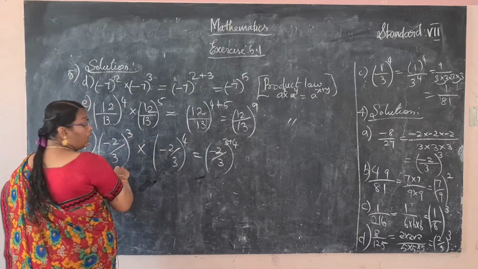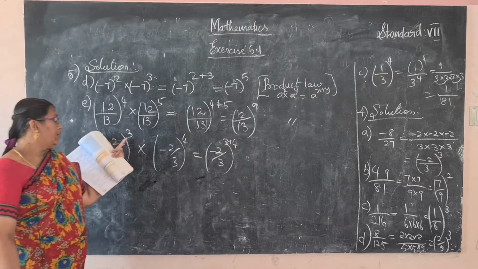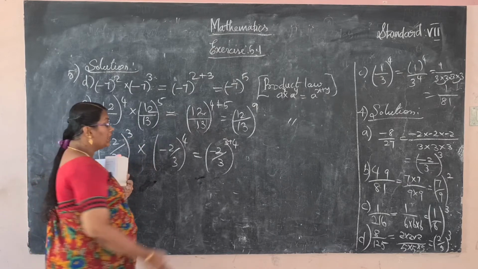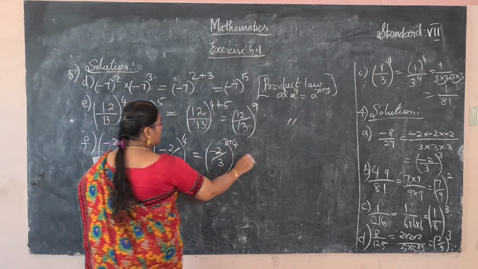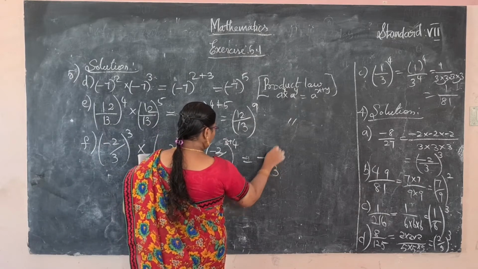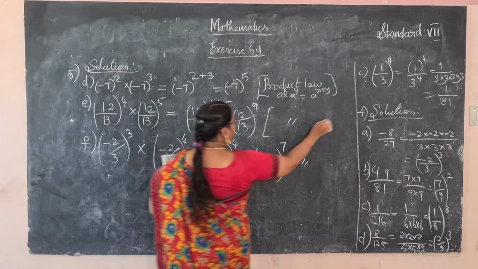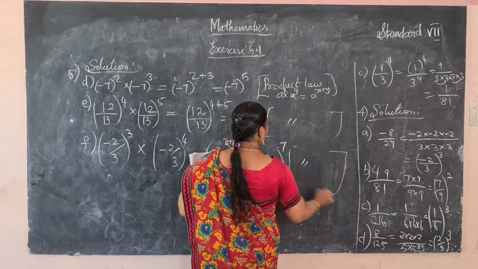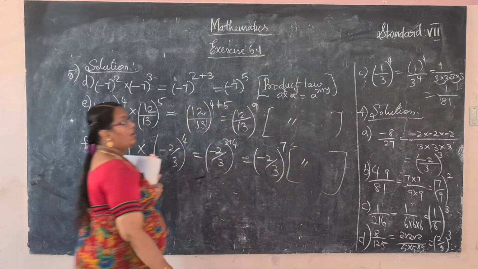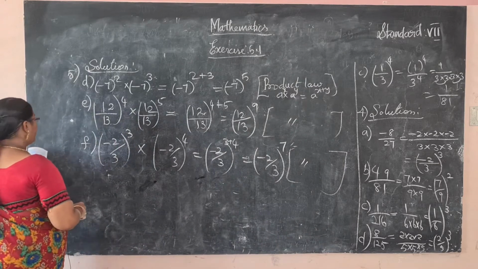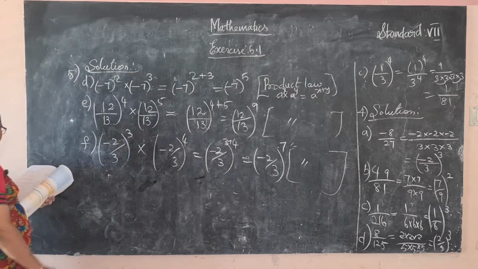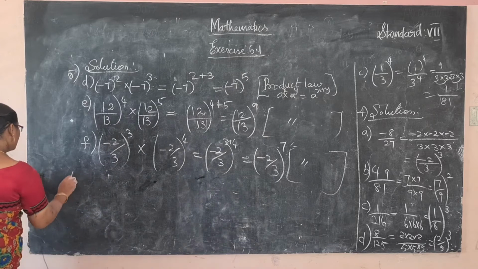The first number has power 3, the second has 4, so 3 plus 4. So the answer is minus 2 by 3 the power of 7. In this place you should write the product law. Okay, complete. The remaining problems are homework.